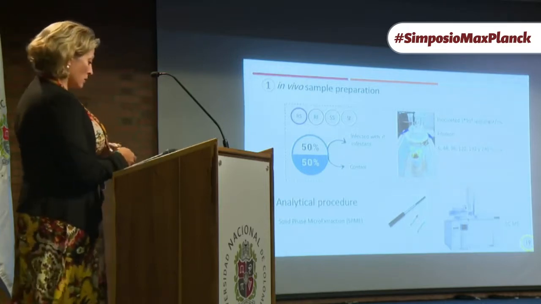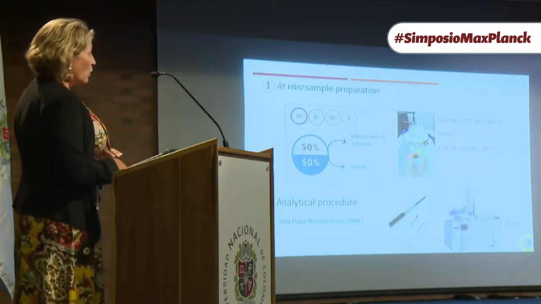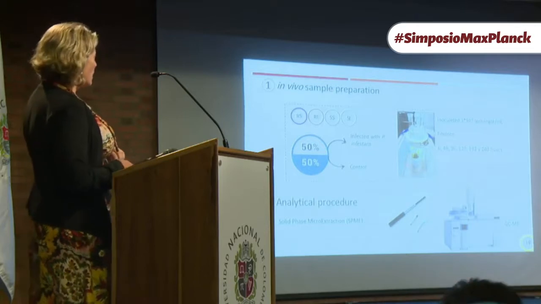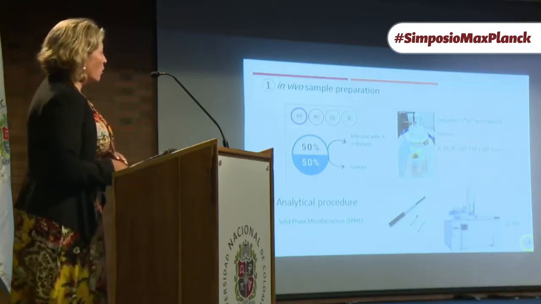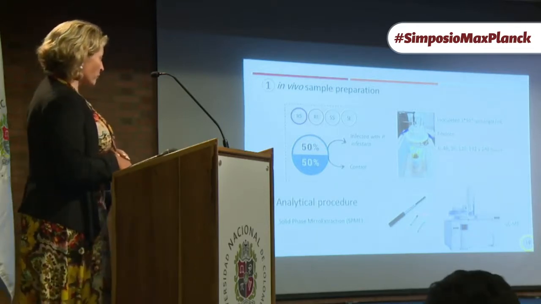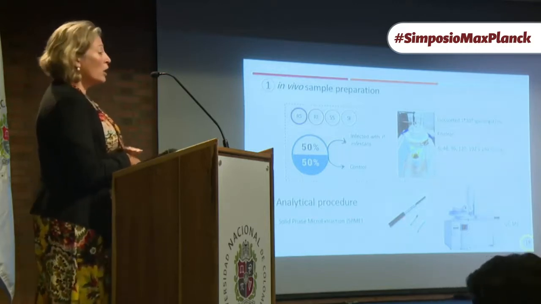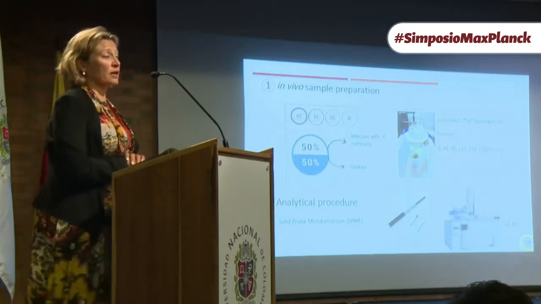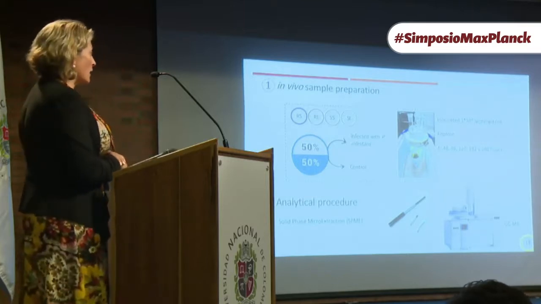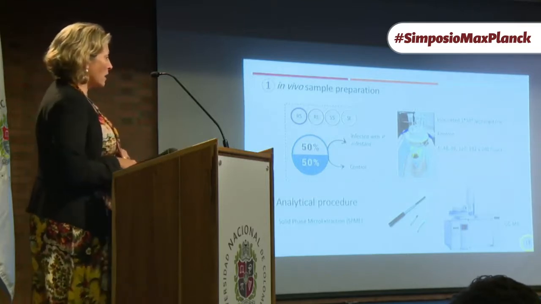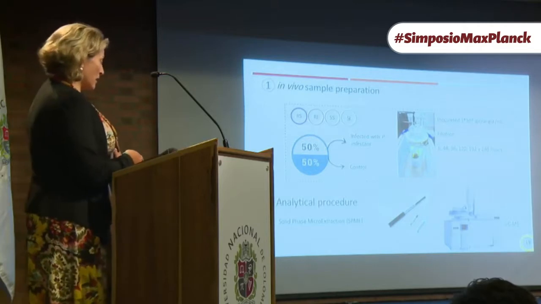After these were the times that we selected for the hours post-infection, and we used SPME, or solid phase microextraction, to extract the volatile compounds emitted from the plant and then analyze them by GCMS.